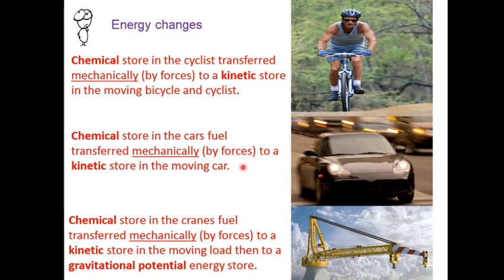So in that case, we're looking at a kinetic store of energy, then gets converted into a thermal store of energy, where the thermal energy when the car brakes is dissipated into the surroundings, or it heats up the brakes and the different bits of the car. So the kinetic energy that was in the moving car is then converted into a thermal energy store either in the car or in the surroundings. And that's quite a common question that I've seen come up a couple of times.